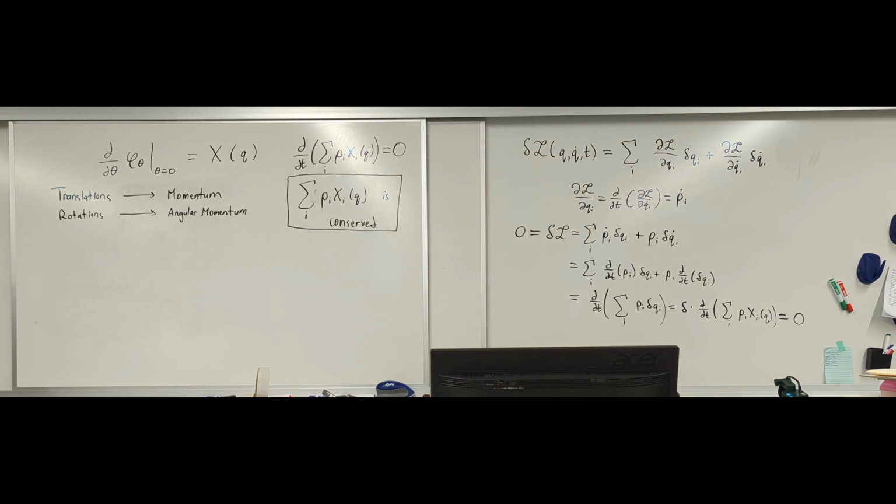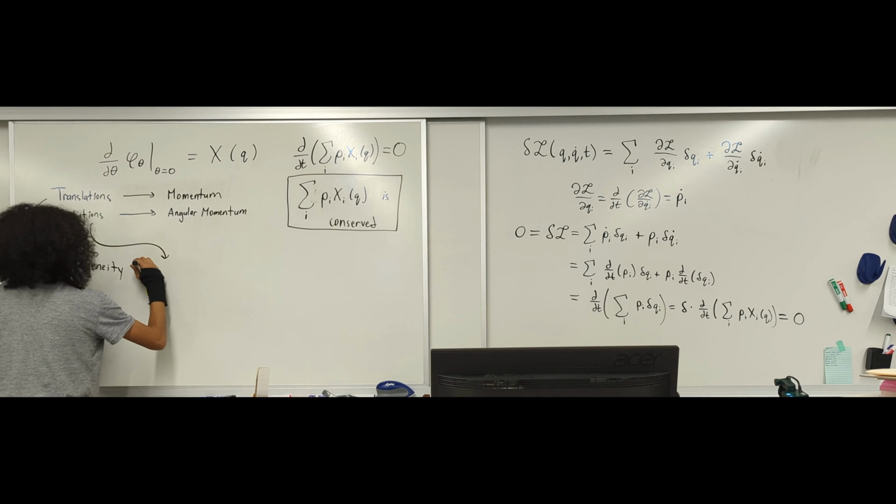Well, it really has more to do with why we should have translational symmetry and rotational symmetry. And it comes from a more basic idea of what we would call homogeneity, with a capital H, it's pretty important. Homogeneity of the universe.